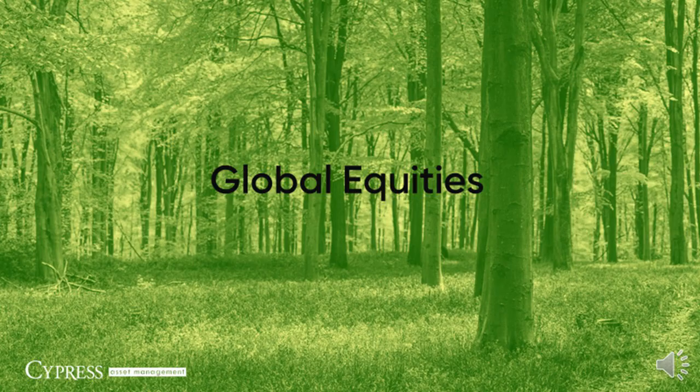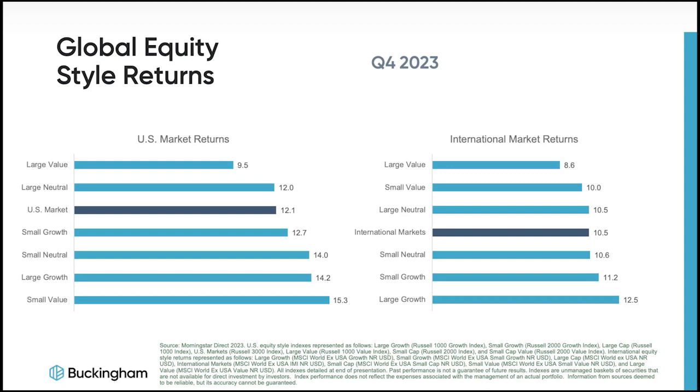Now let's take a little deeper look at what was driving the returns of both stocks and bonds. We'll start by taking a look at how global equities performed for the quarter, and we will isolate the performance between U.S. and developed international stocks. The two charts here show the performance of different investment styles between the U.S. and international stocks.